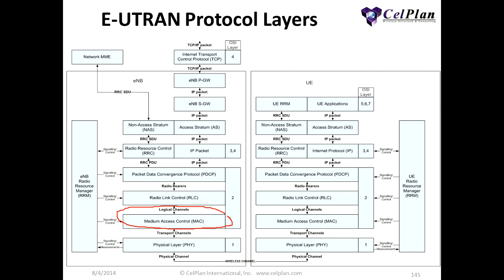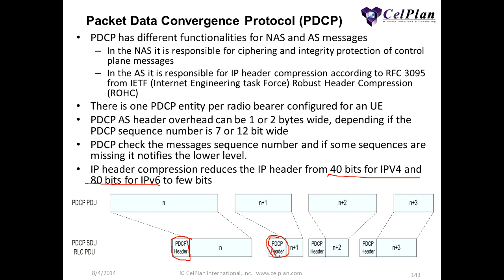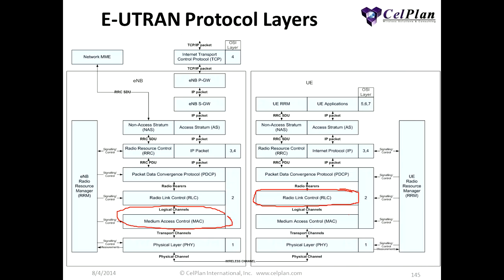The next layer is the MAC layer. And the MAC layer, oh, I forgot the RLC layer. I have to apologize. I really forgot to include it. Well, basically the RLC layer will verify if the information is coming in the correct order.